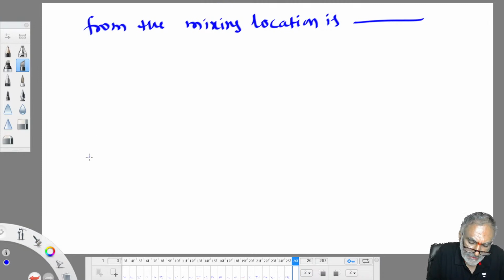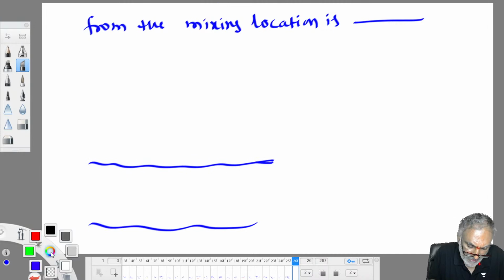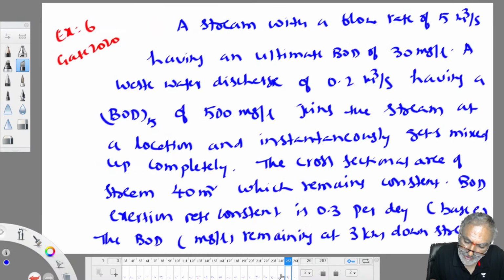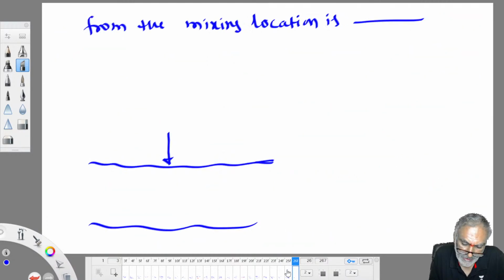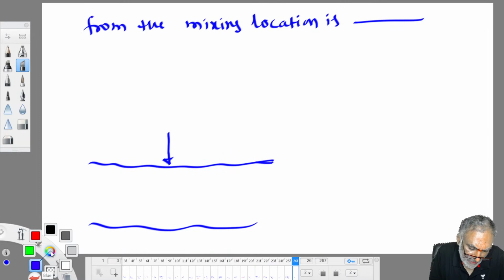So what is the thing where you go wrong? For wastewater he has given 5-day BOD. For river water he has given ultimate BOD. So that is where you are supposed to be careful.